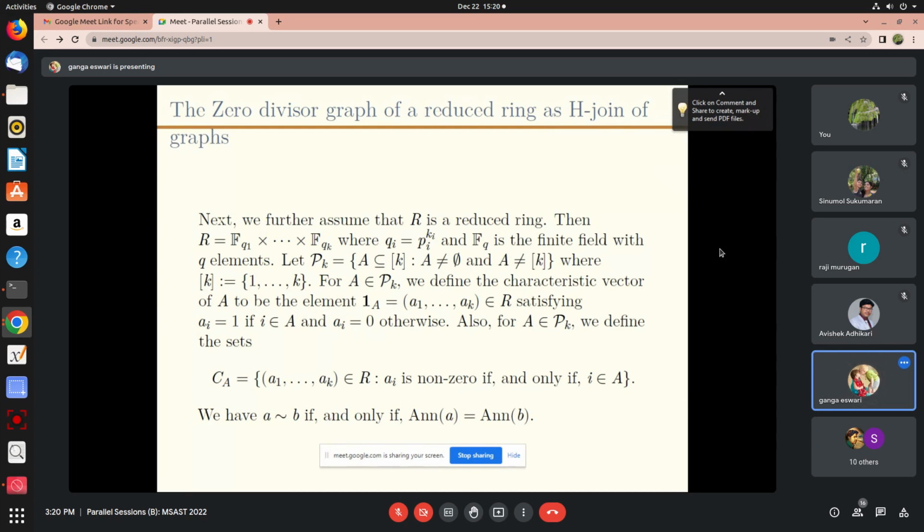So for any A belonging to rho of k, we define a characteristic vector. Also, we define a class CA. CA contains the set of all k-tuples where ai is non-zero if i belongs to A, otherwise it is 0.